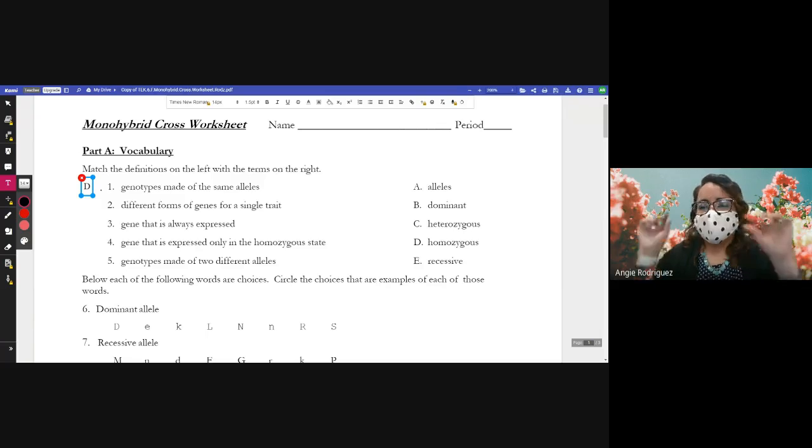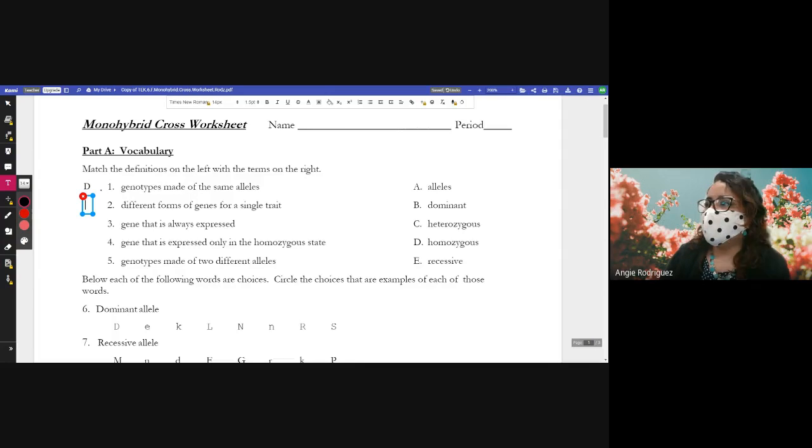Look at the little tools at the top that you have for ClassKick. Okay, number 2, different forms of genes for a single trait. A. Lucky guess.